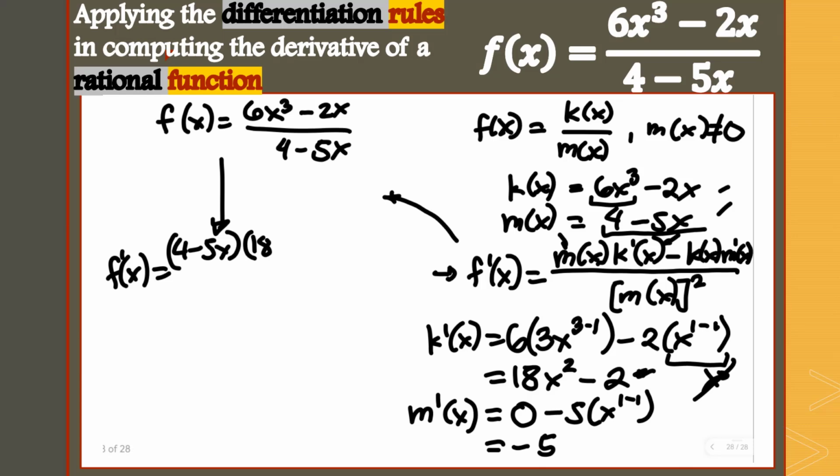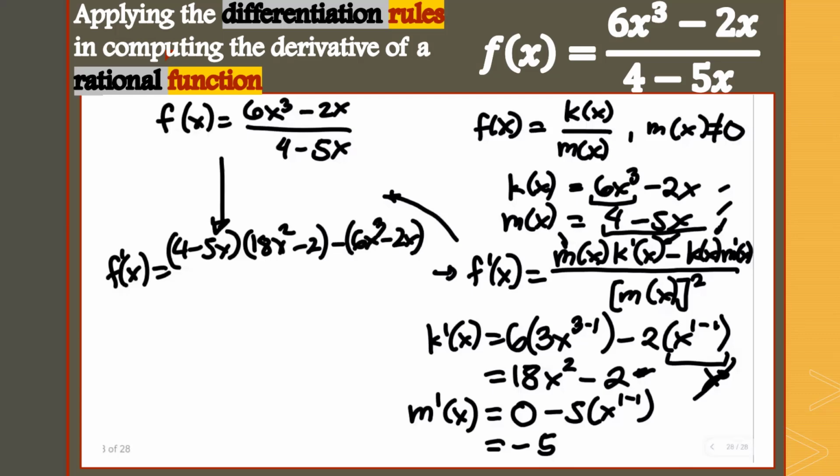You have 18x squared minus 2. Minus, you copy our numerator 6x cubed minus 2x times the derivative of our denominator, negative 5. Sorry for that. Let me use the spaces later. But before we proceed to that, let's complete here. We take the square of our denominator.